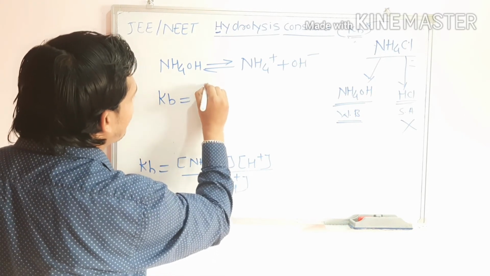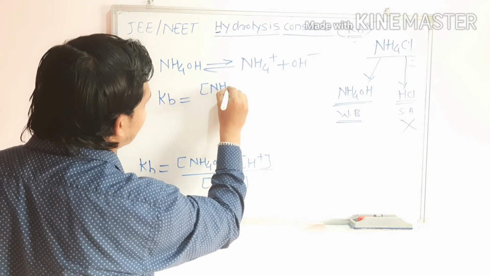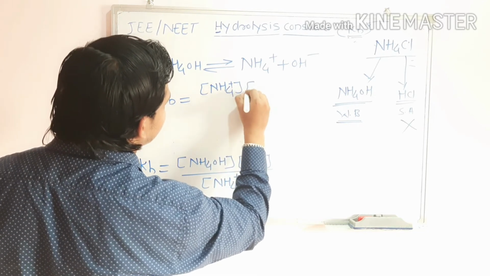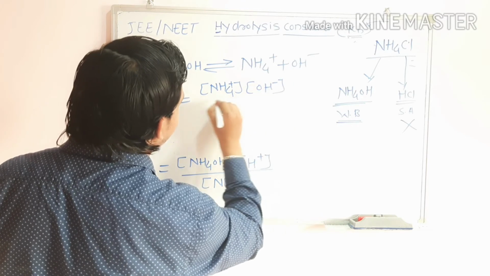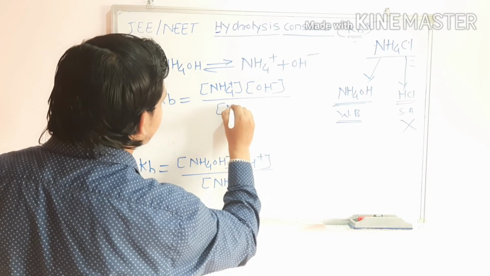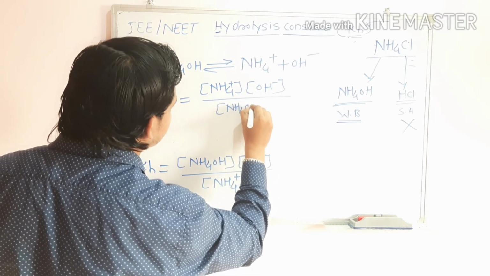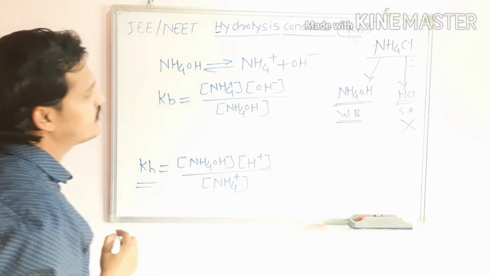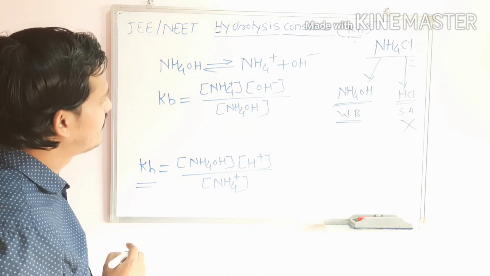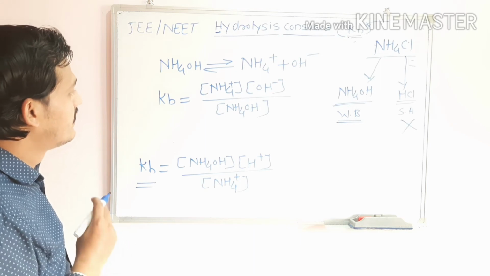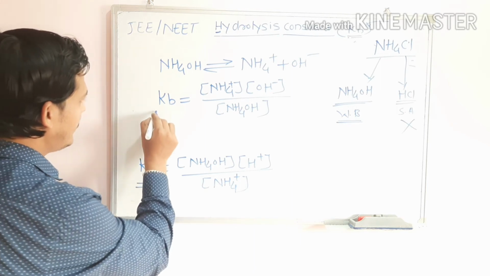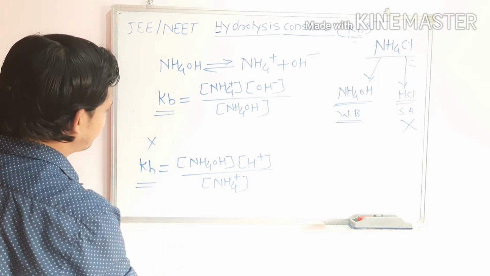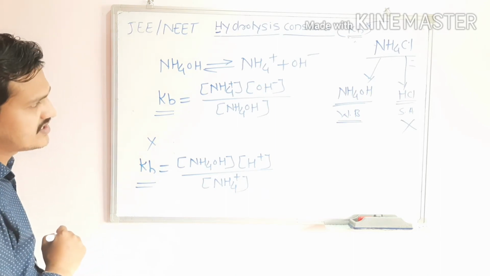So by applying law of mass action, product upon reactant: NH4 plus in bracket OH minus divided by NH4OH. Now we get what? KB into KH.